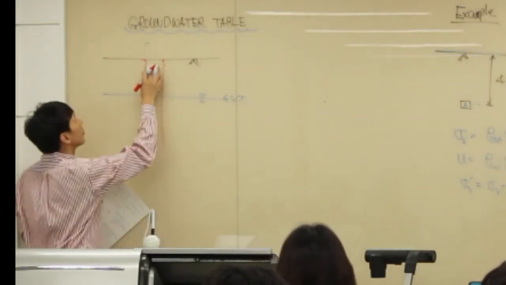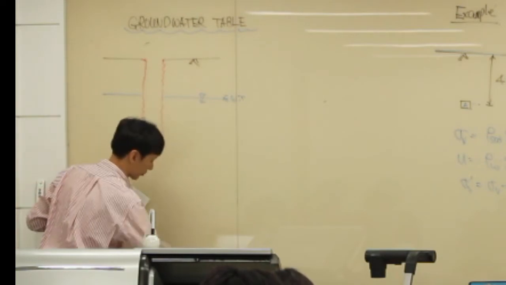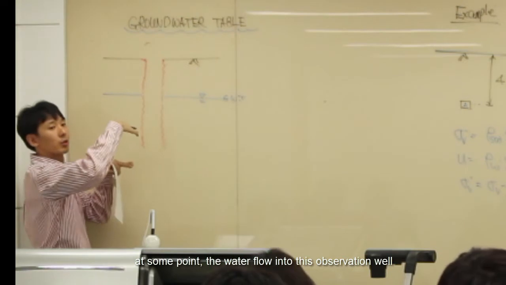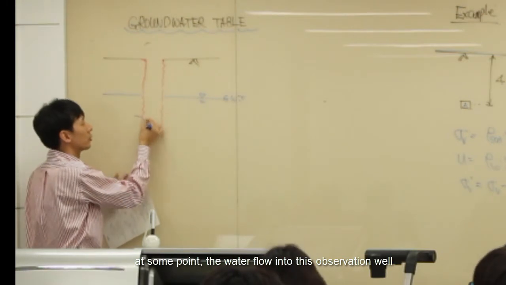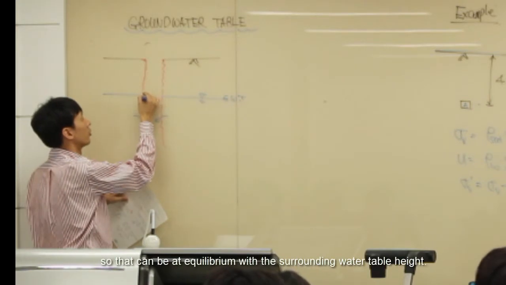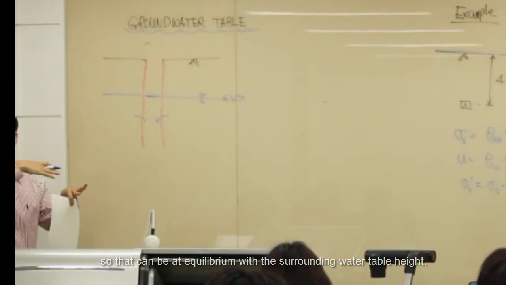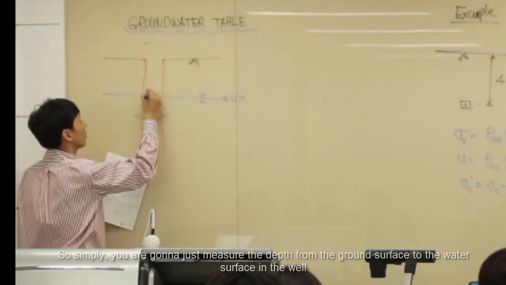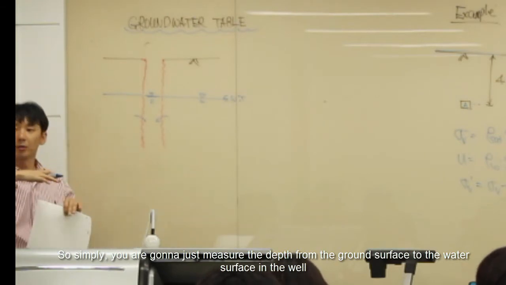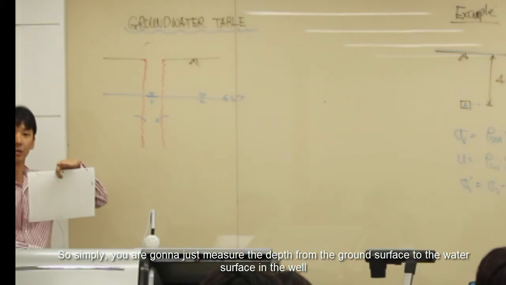Then you're digging up the hole. At some point, the water will flow into this observation well, so that it comes to equilibrium with the surrounding groundwater table height, right? So you simply measure the depth from the ground surface to the water surface of the well.